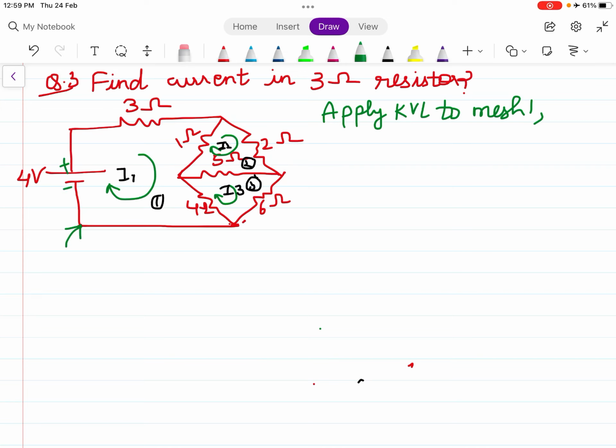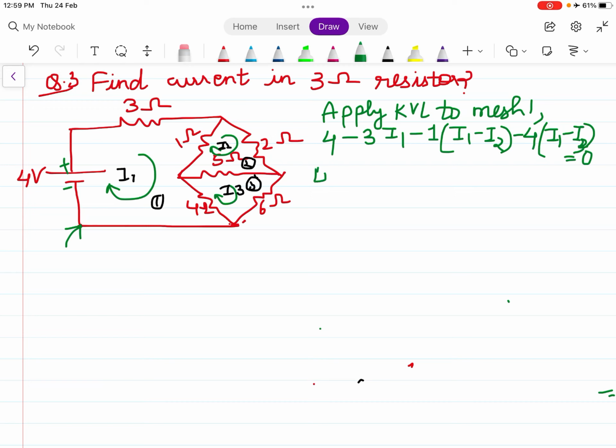So negative to positive is plus 4 volt minus 3I1 minus 1. I am applying it to mesh 1. So I1 is greater than I2, so I say I1 minus I2 minus 4. Again I1 minus I3 equal to 0.